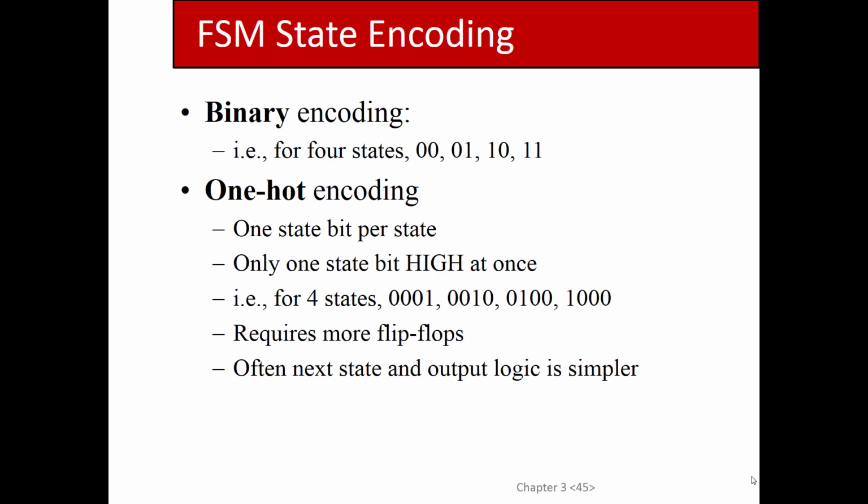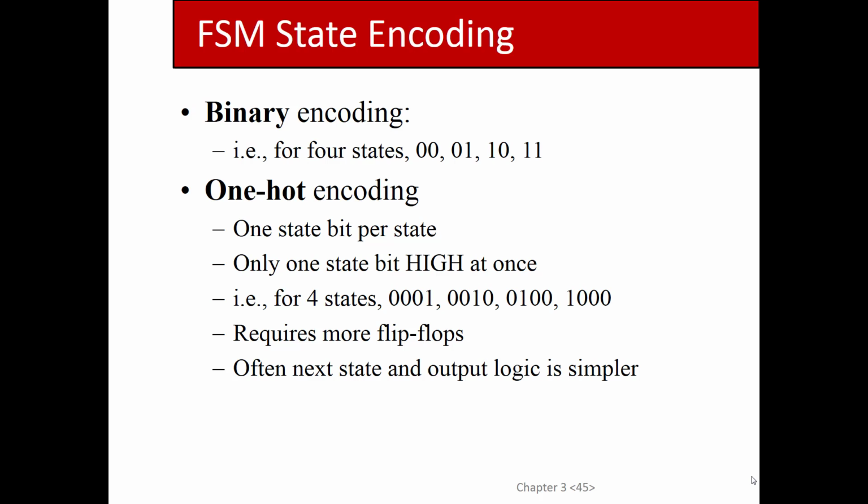Now, people often use one-hot encoding. So instead of saying, hey, I've got 4 states, take the log base 2 of 4, that means I only need 2 bits for my state value, a lot of times synthesis tools, or in rare cases people who actually do this by hand, instead of having 2 bits per state, why not have 4 bits per state and use one-hot encoding? Why?